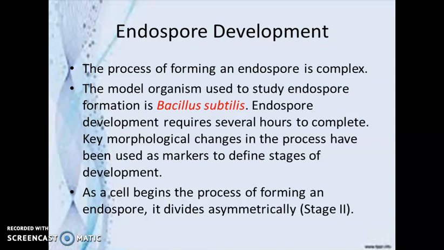As a cell begins the process of forming an endospore, it divides asymmetrically. So first of all, the cell division occurs in an asymmetric fashion.